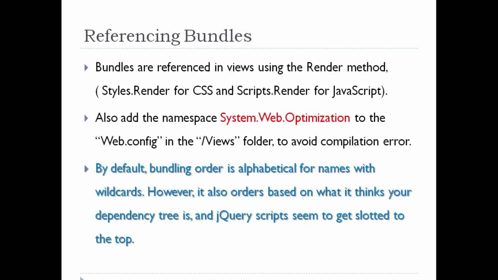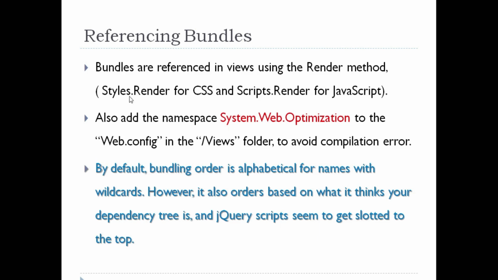Now once you created the bundle, you created a script bundle, you created a style bundle, what is the final step? You should reference it in a view. Okay, basically where we add a reference of our CSS and JavaScript file, we add a reference of it in a view. Similarly once bundles are created, they should be referenced in your view, and that is done using the Render method.